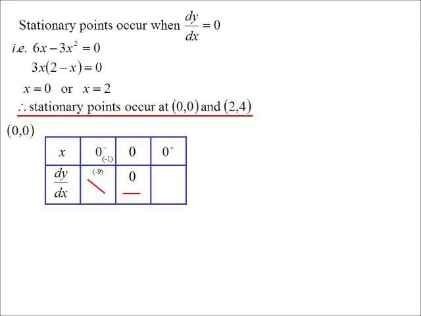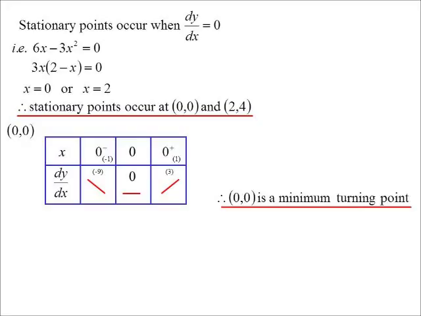I'll pick a point on the right-hand side, but this time being careful not to go past 2, so I guess logically I'll pick the number 1, sub that in, and it turns out to be +3. Well, the actual 3 I'm not overly concerned with, it's the positive I'm interested in, so I know it's going up. And the red lines that I've drawn in, basically, it tells me exactly what the curve's doing. It's going down, stationary, going up. It must be a minimum turning point.